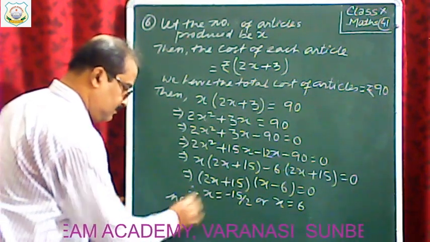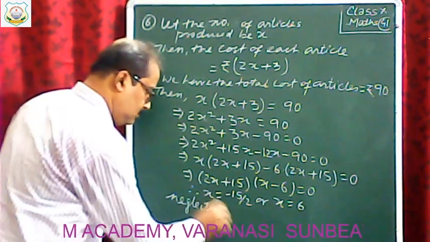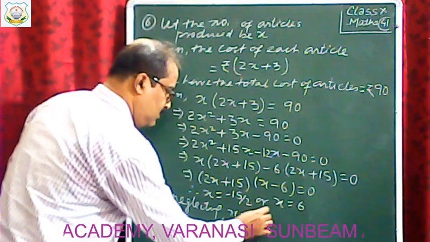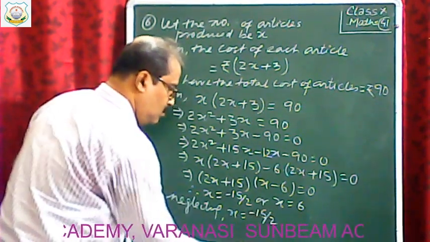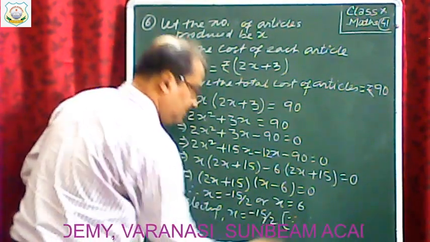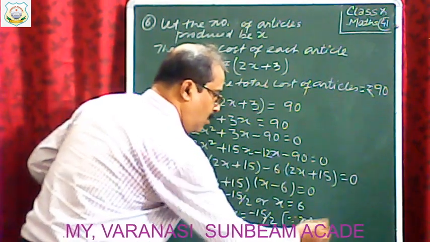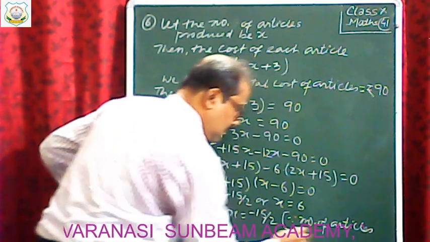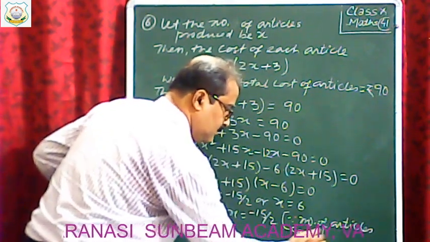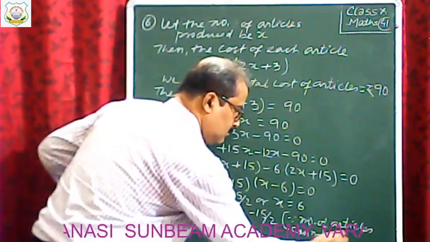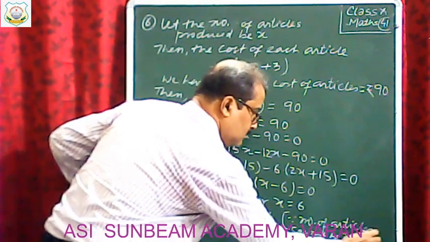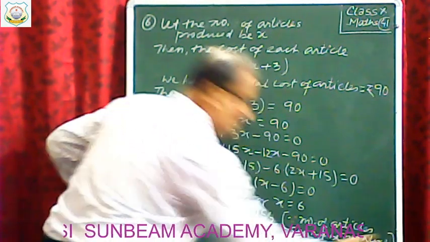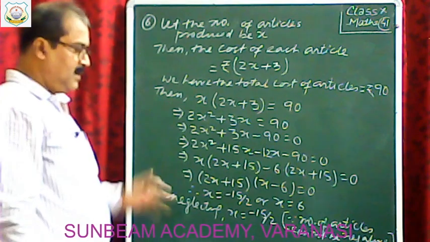Neglecting x equal to minus 15 by 2, since number of articles cannot be negative, reason you have to write side by side.